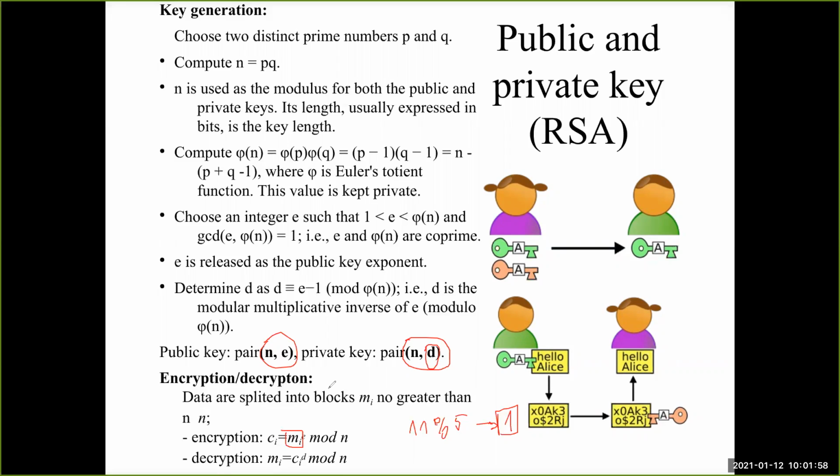So this process is not symmetrical, because to decrypt, we have to have a different pair of values than to encrypt. Okay, so look.